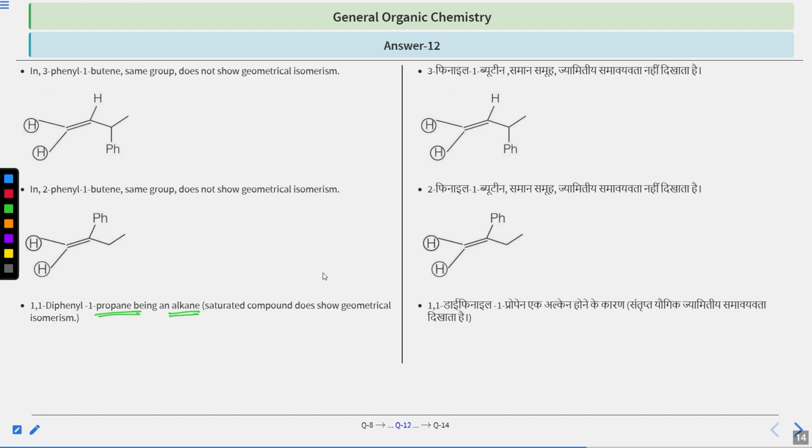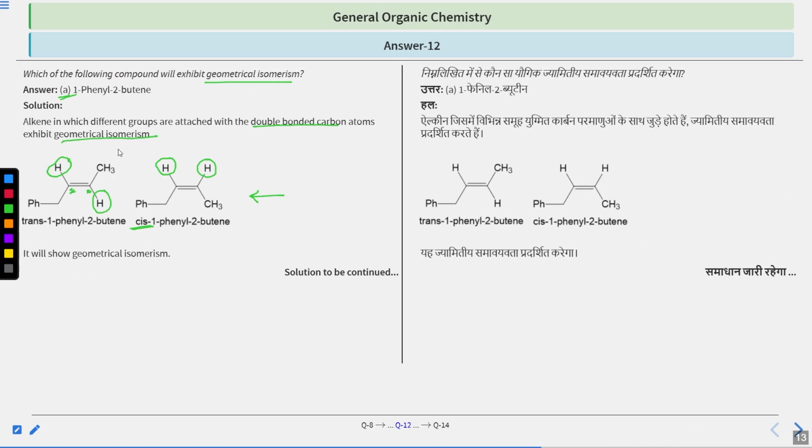Saturated compounds do not show geometrical isomerism, and that is why 1,1-diphenyl-1-propane also does not show any kind of geometrical isomerism. 2-phenyl-1-butene and 3-phenyl-1-butene also do not show geometrical isomerism, and only 1-phenyl-2-butene will show geometrical isomerism as cis and trans forms, and thus option A is the correct answer.